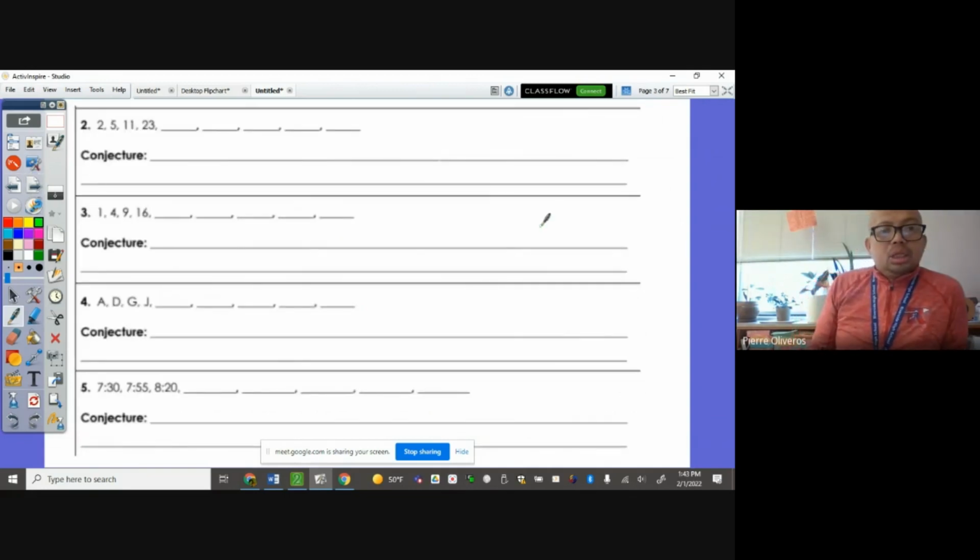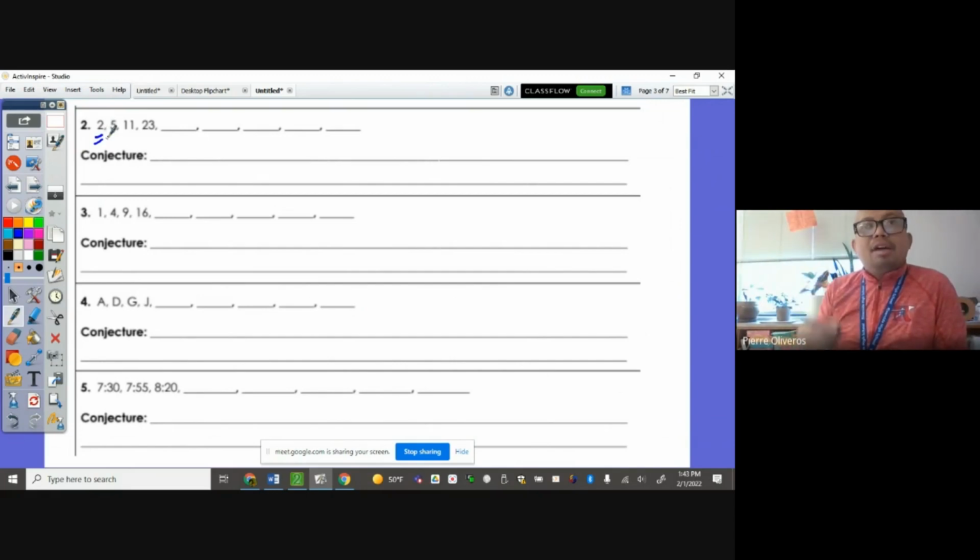Next. 2, 5, 11, 23. 2 and 5 differ by 3, 5 and 11 by 6, 11 and 23 by 12. So what's happening here? You can say multiple things. You can say that you double, you multiply by 2. 2 times 2 is 4, you add 1, it becomes 5. You multiply 5 by 2, get 10, add 1, it's 11.